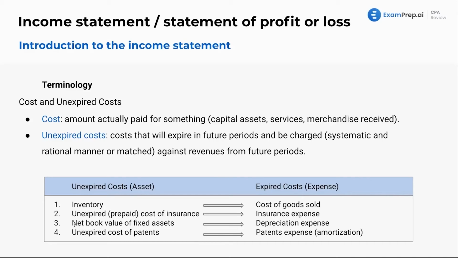In this case, you're going to credit accumulated depreciation. It's just a little bit of a different treatment because that's a contra account. And then lastly, what about your intangible assets? Well, you're going to debit patent expense, which is the amortization process, just like depreciation. And you are going to credit the cost of patents, the unexpired cost of patents. So this is reducing the asset of patents. So this slide is just talking about the relationships between everything, how the journal entries get formed, and why they are the way they are.